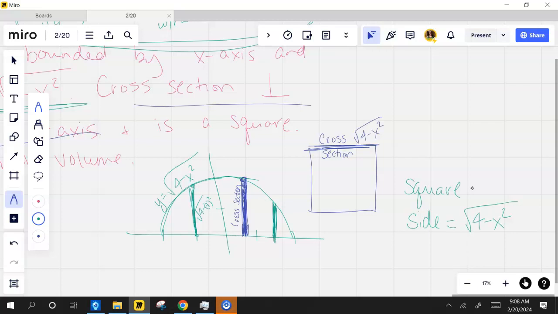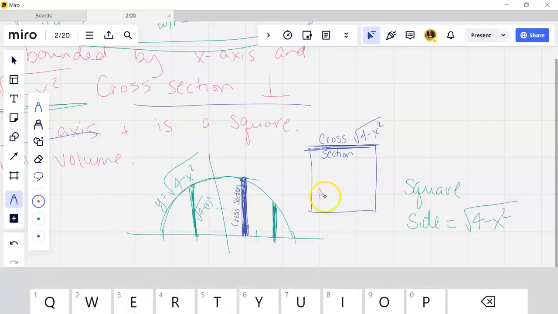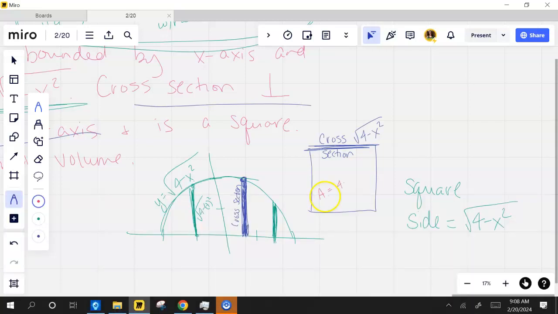I need to know the area of my specific shape. So I've got this square here, right? What's the area of this particular square? 4 minus x squared, because it's side times side, right? So if I do the square root squared, the area of just this square is 4 minus x squared.